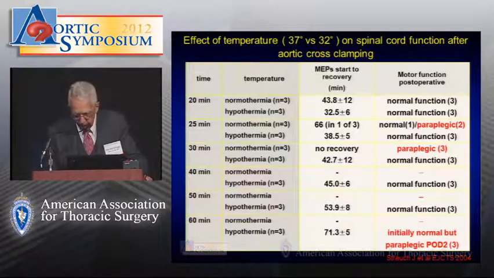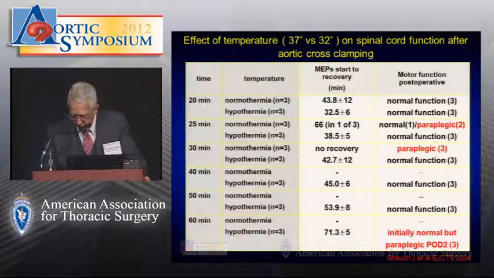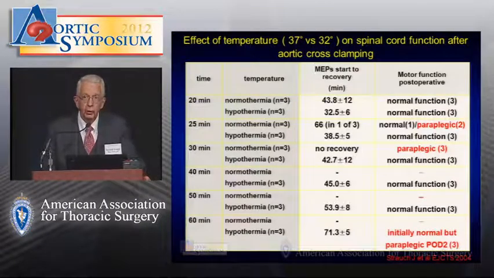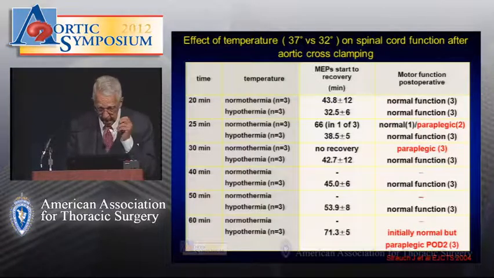Many of us, as many of you know, had become convinced just on clinical observations that patients who were kept a little cooler during operations on the descending thoracic and thoracoabdominal aorta seemed to have maybe a little less risk of spinal cord damage. A few years ago, we thought we would try to investigate some of this in the experimental animal and in man.